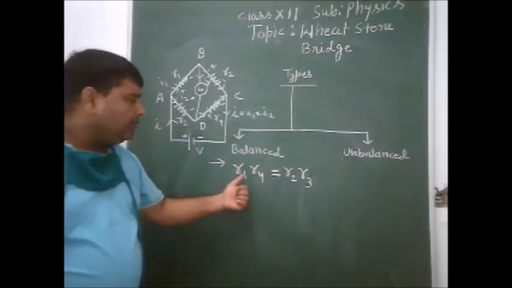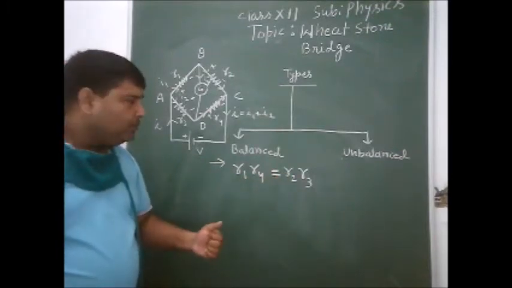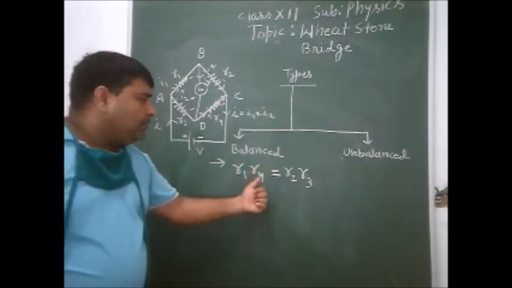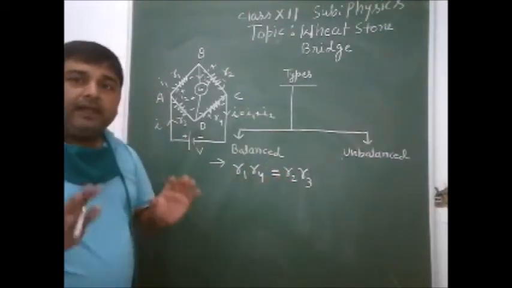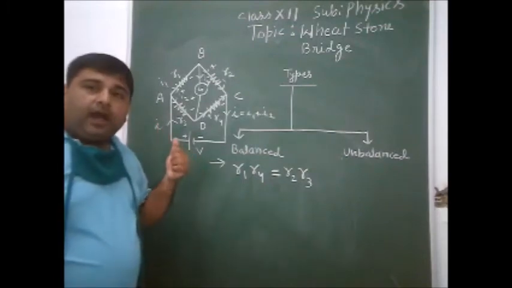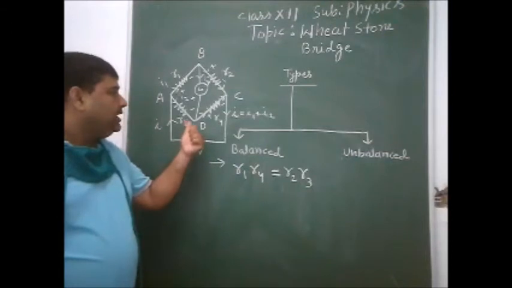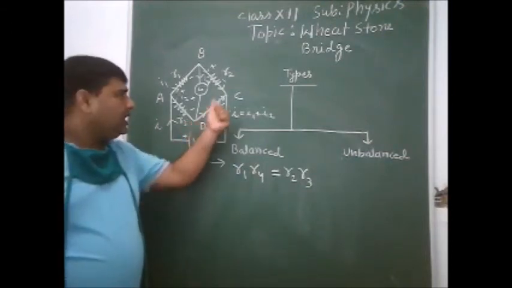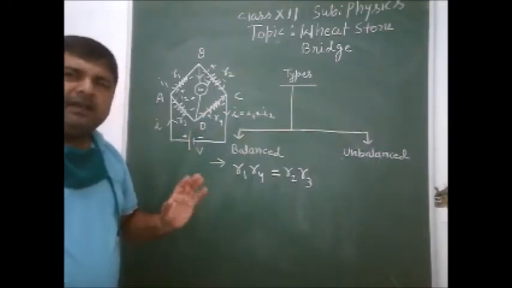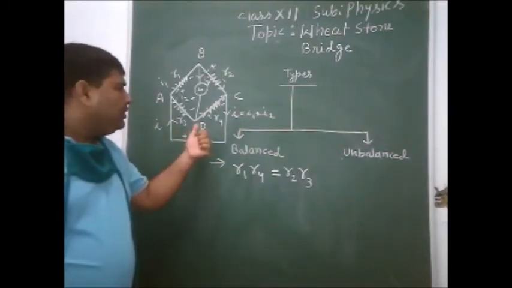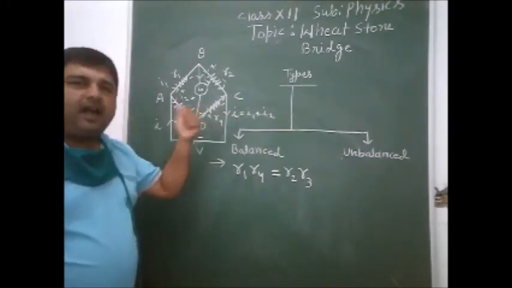If you know R1, R4, R2, you can calculate R3. If you know R1, R4 and R3, you can calculate R2. Generally, the unknown resistance is attached across the DC arm. It is not compulsory, but generally your unknown resistance will be connected across DC arm.